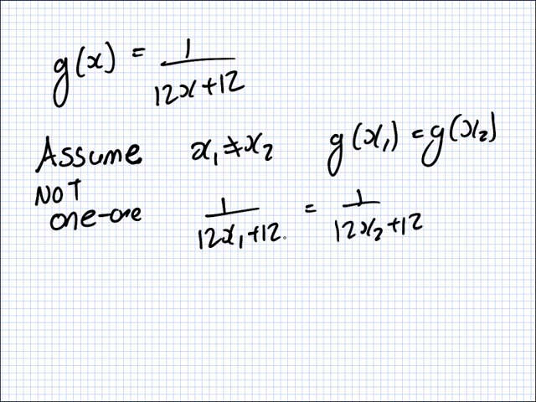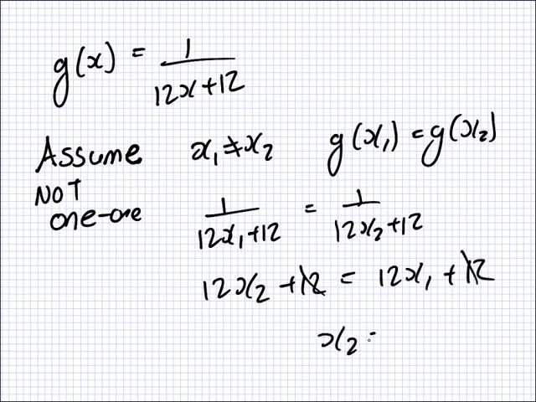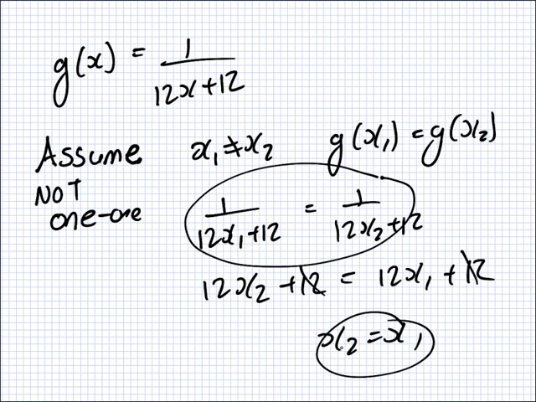Can we find an x1 and an x2 that are different, but these are the same? If I multiply, I get 12x2 plus 12 equals 12x1 plus 12, and I can get this as x2 equals x1. So it's only if these are the same. This is not possible, so it must be one-to-one.